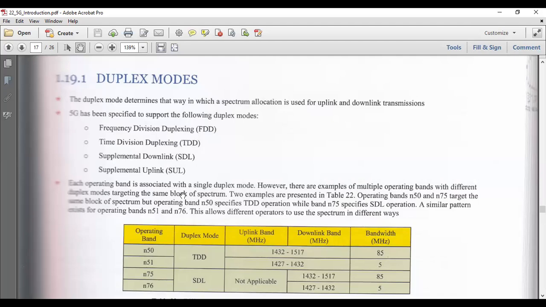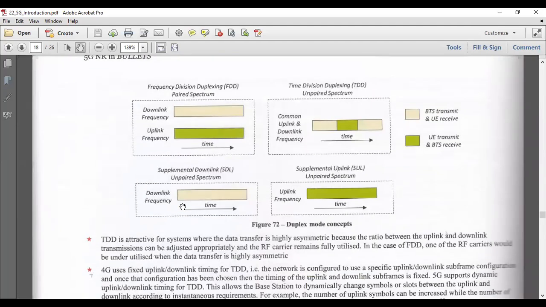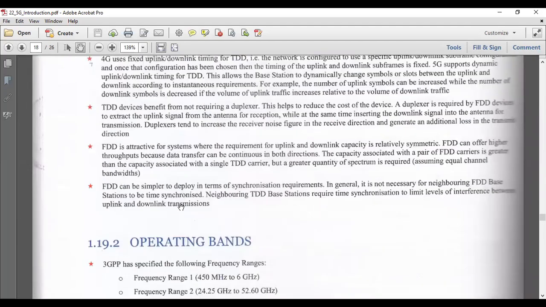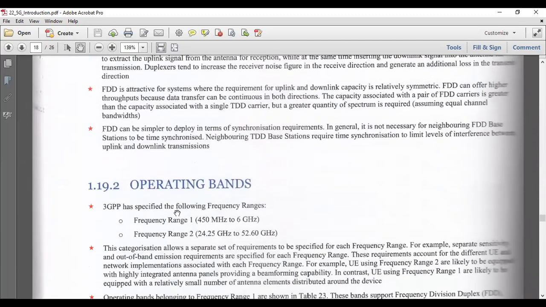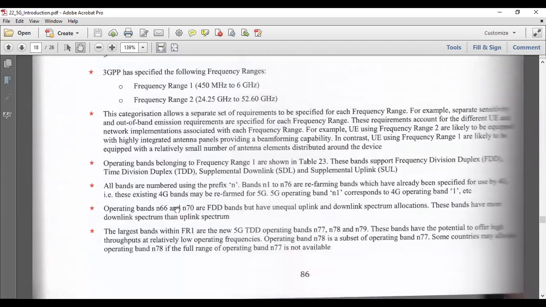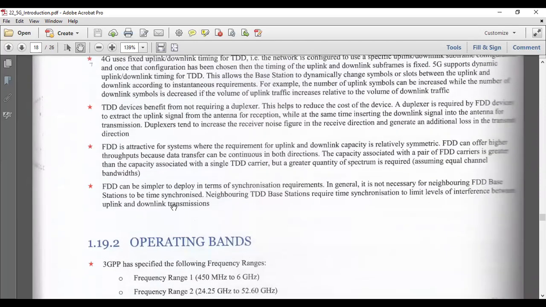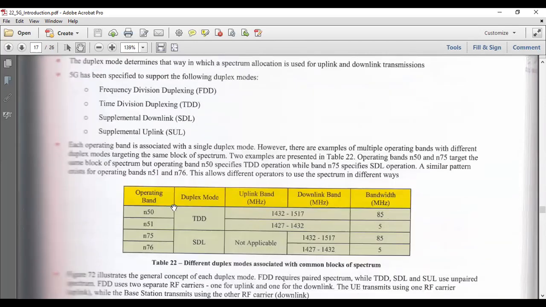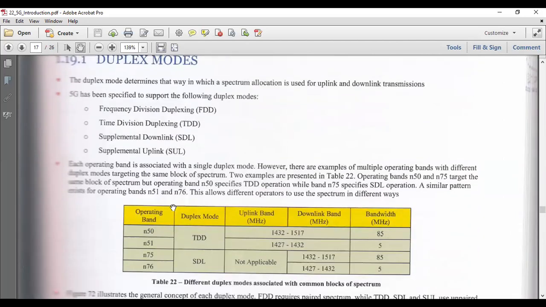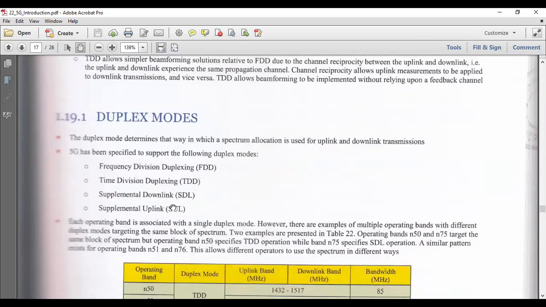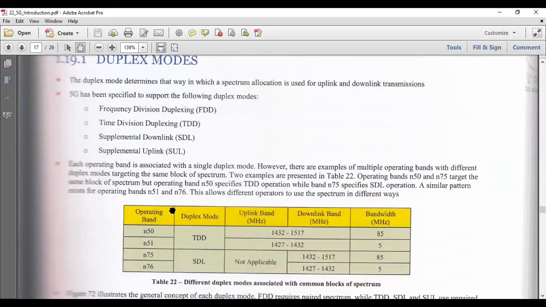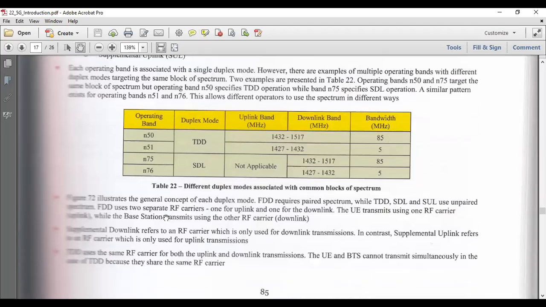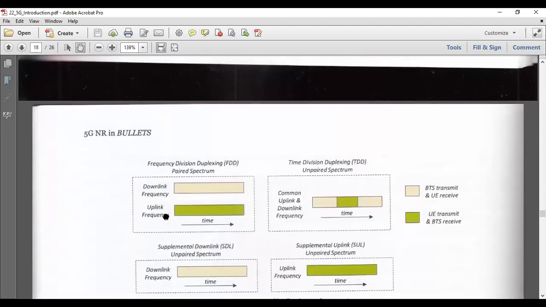I assume that applications like mobile TV can use that. Anyway, these provisions are available. So 5G comes with many different provisions to support diverse necessities.